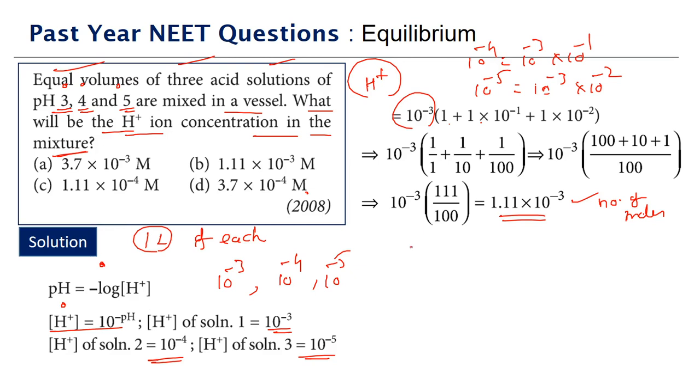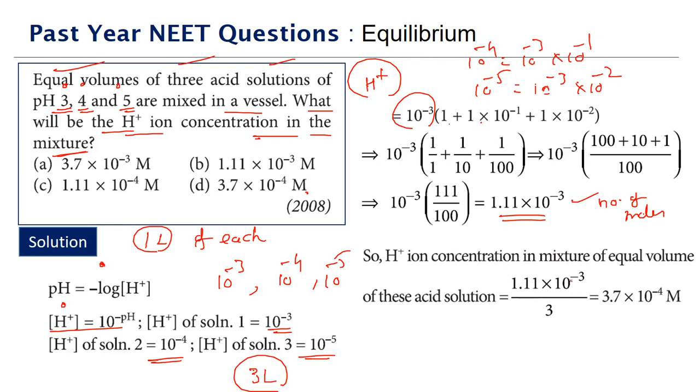Concentration means the number of moles of H plus divided by the volume. Because we are mixing 1 liter of each, the total volume is going to be 3 liters. So we have to divide this by 3. So 1.11 into 10 to the power minus 3, the number of moles, divided by 3 will come to approximately 3.7 into 10 to the power of minus 4.